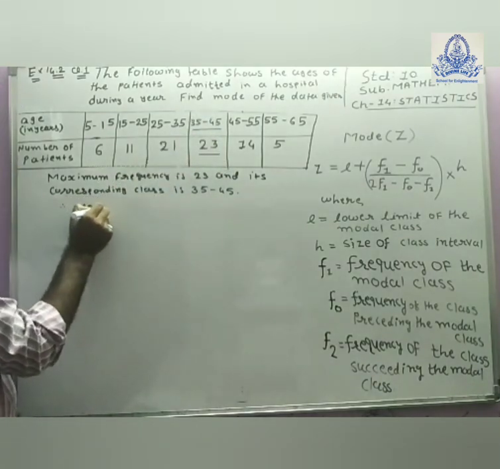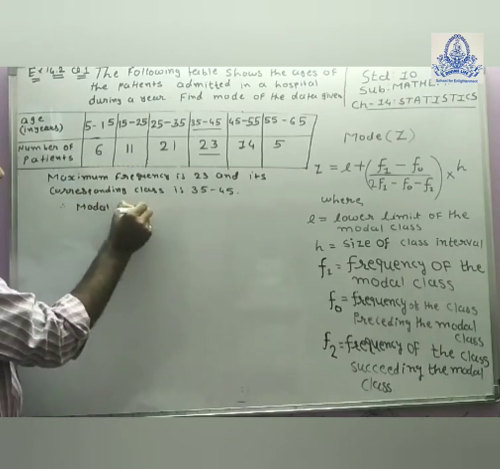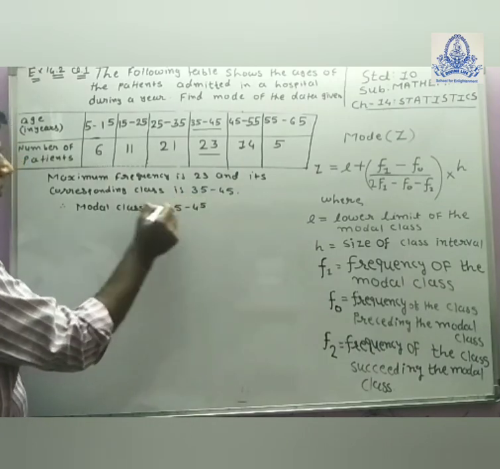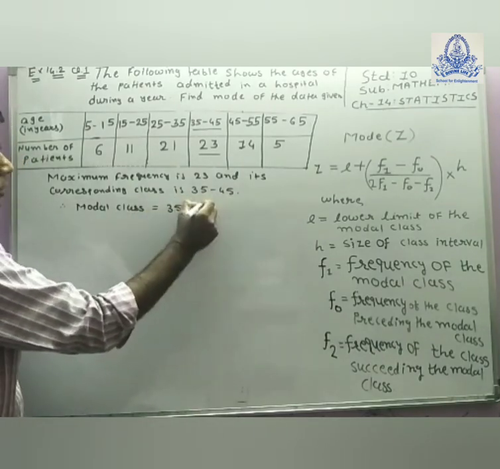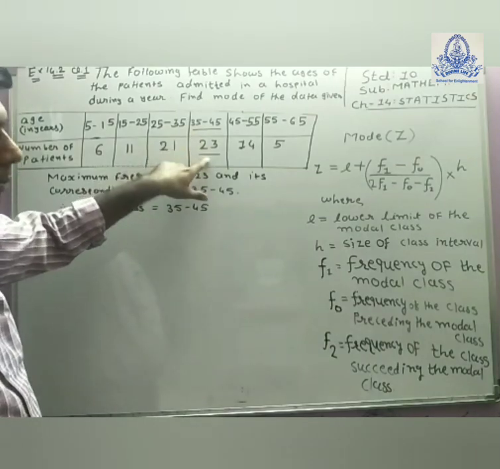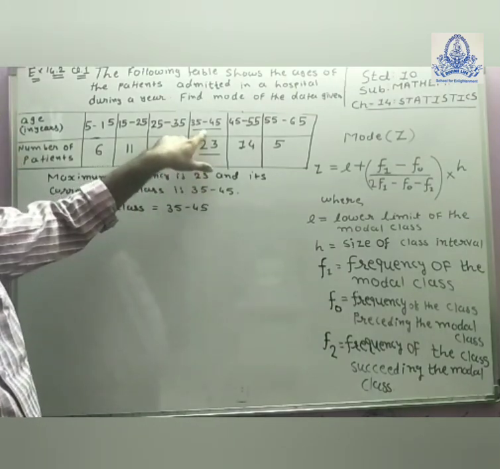Therefore, modal class is equal to 35 to 45. So how to find the modal class? Find the maximum frequency, and the class corresponding to the maximum frequency is our modal class.